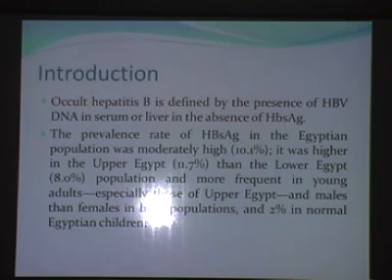The prevalence rate of hepatitis B surface antigen in the Egyptian population was moderately high, about 10.1%, which is higher in Upper Egypt than in Lower Egypt, 11.7% compared to 8%, and more frequent in young adults, and more in males than females in both populations.